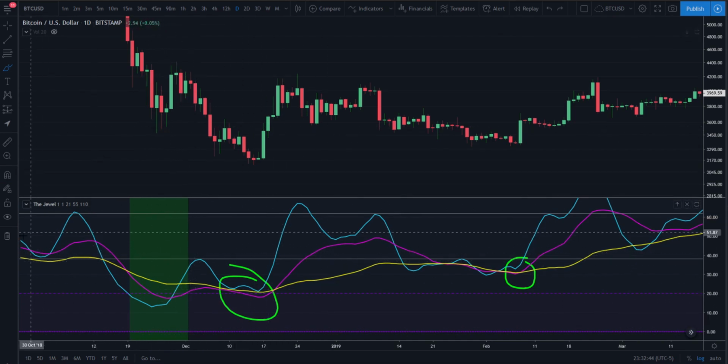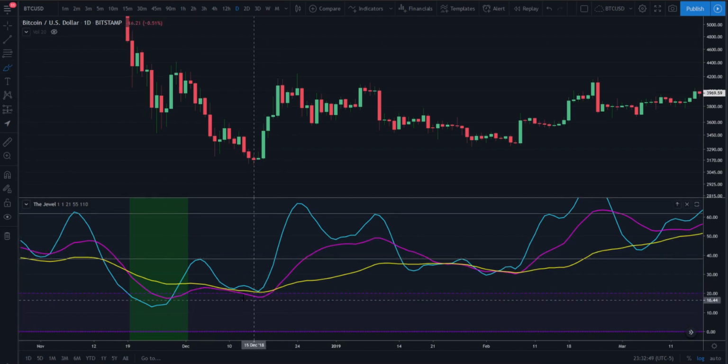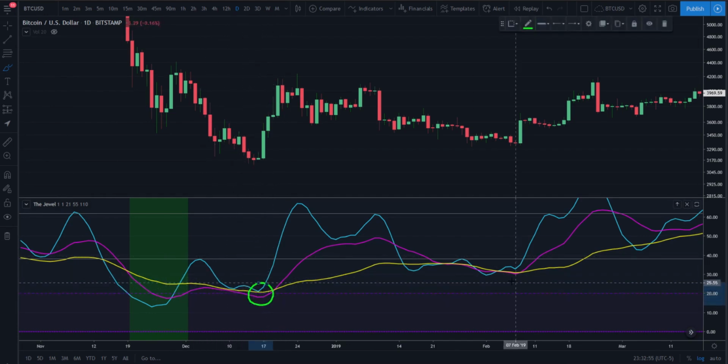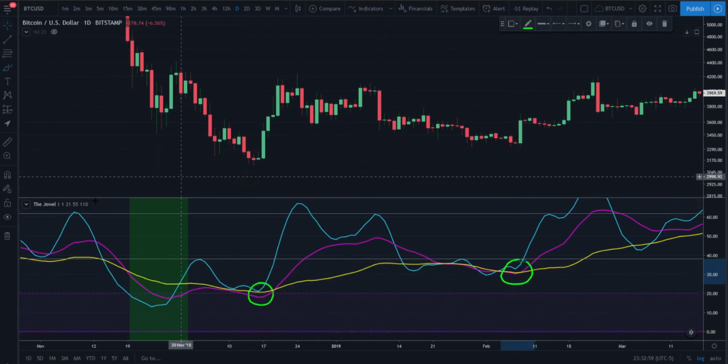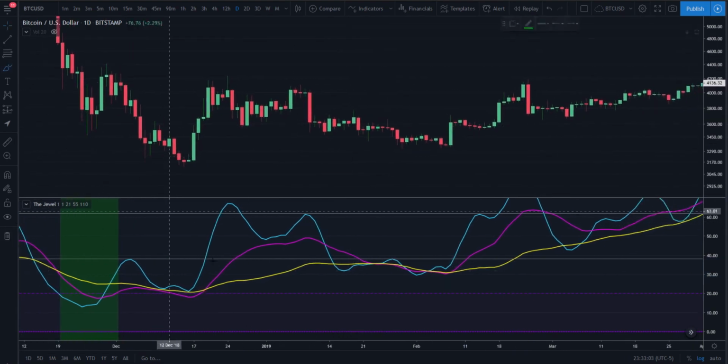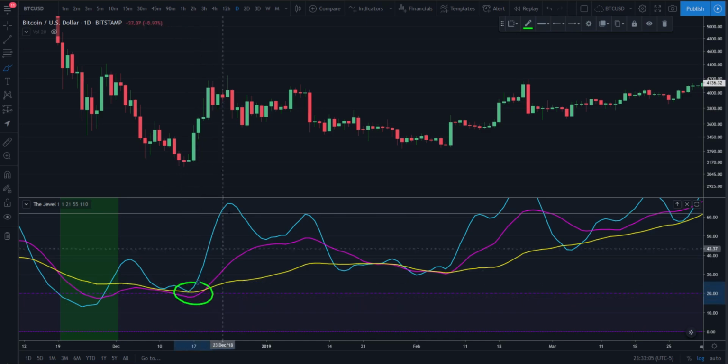The signals in and of themselves are really the blue coming up, back down, and using yellow and purple as supports. Okay? I'm going to actually use vertical lines, it's going to make things easier.